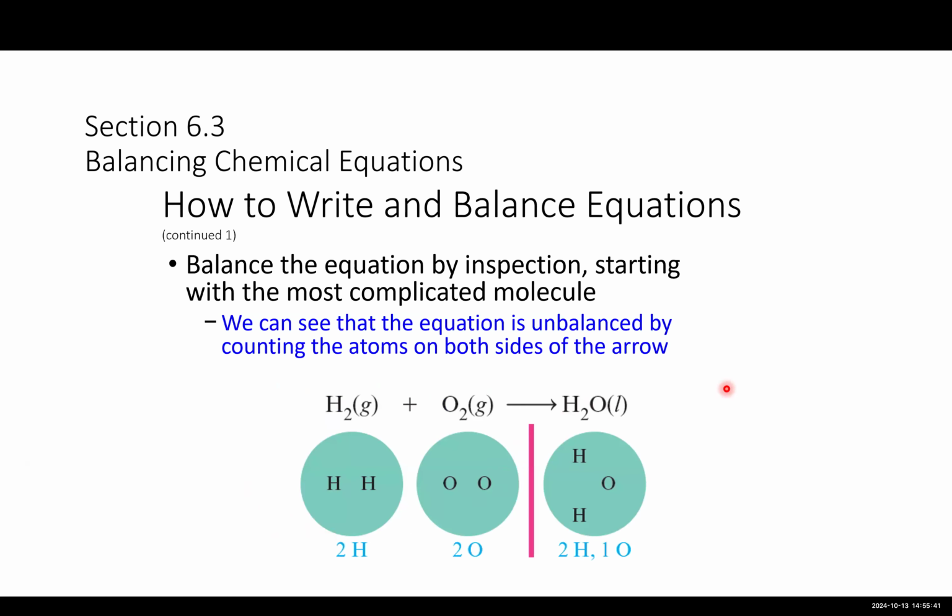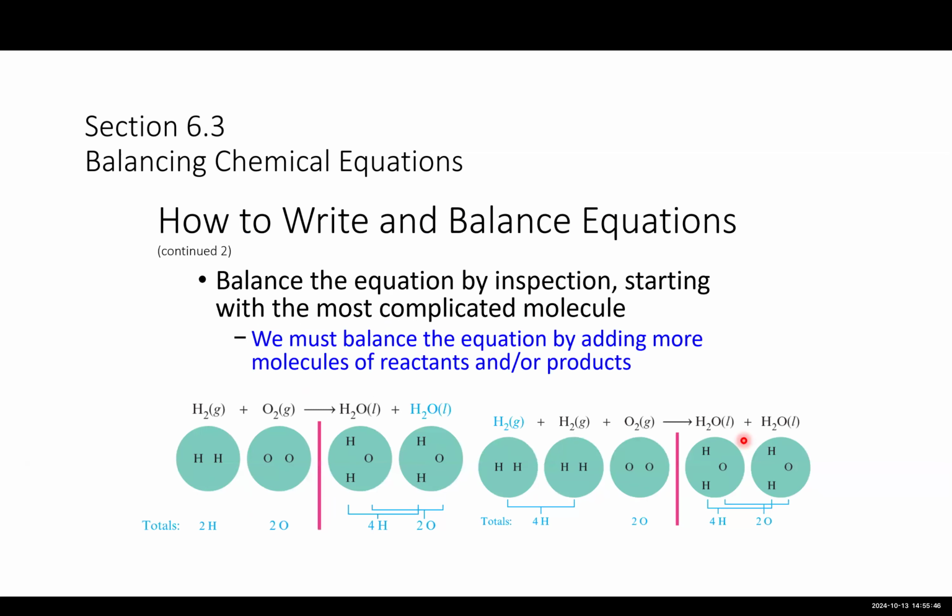So then now you match them, and you will have to adjust the number of all the atoms between product and reactant. So you can add more water on the product side first so that you can match the oxygen number, but then you end up needing 2 more hydrogen on the reactant side, so you add more hydrogen.